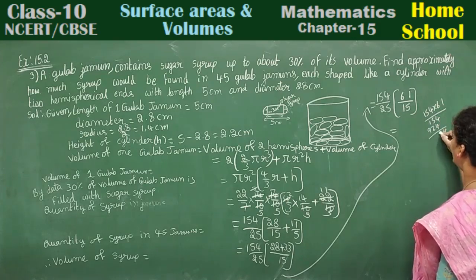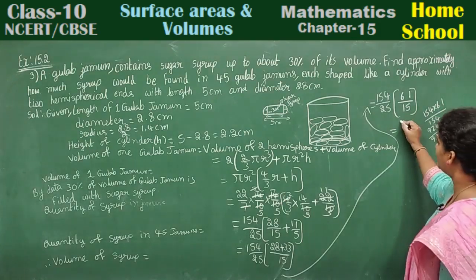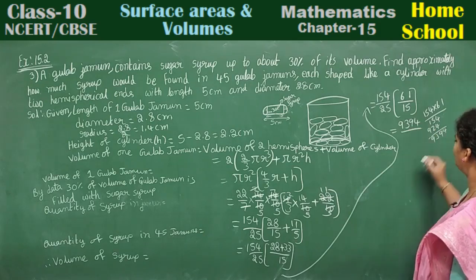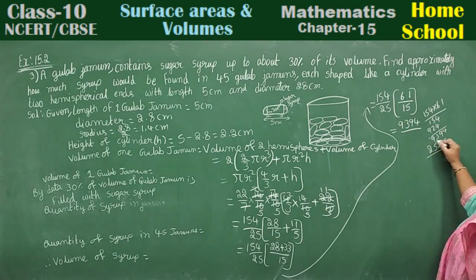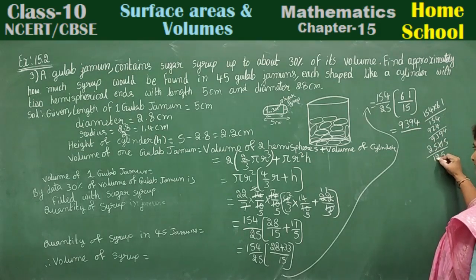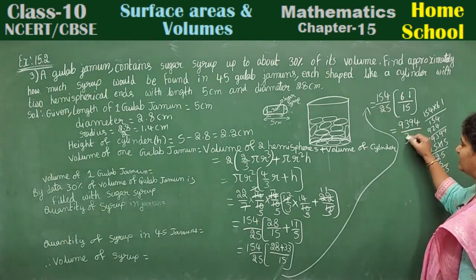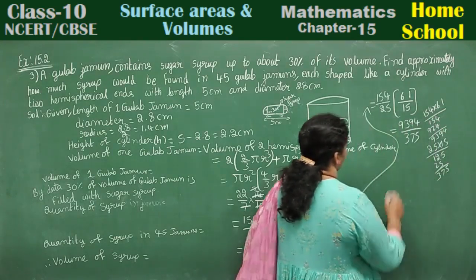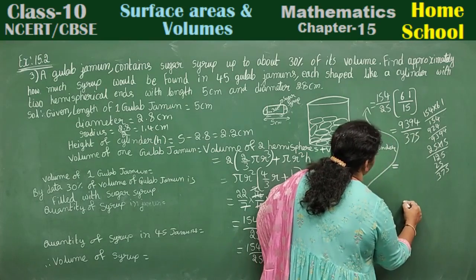And if you add, 9,394 by 25 15s are multiplied. 5 5s 25, 5 2s are 10, 10 plus 2, 12, and 25, 7 3, 75. Now we need to divide this. Look here, divide this one, children. Let's do the calculation part here.